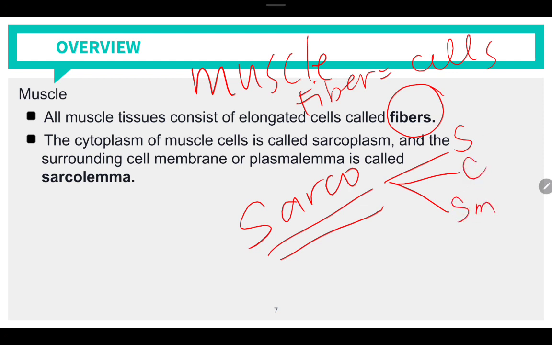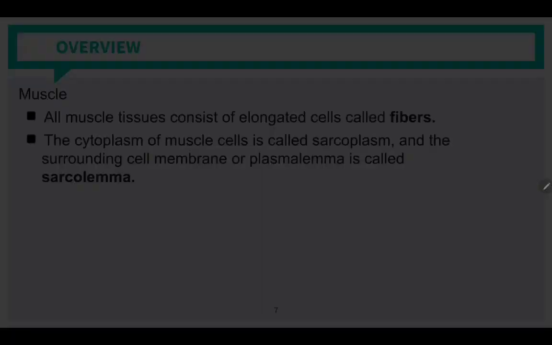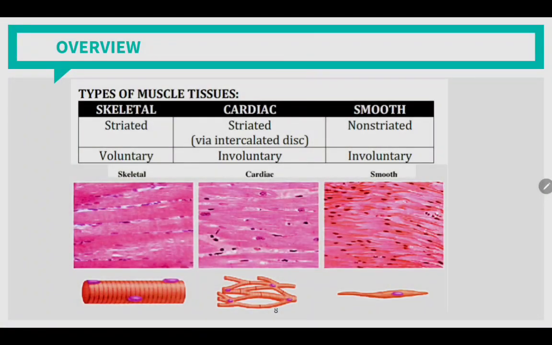Let's move on to the next slide and check the types of muscle tissue. We have three types: the skeletal, the cardiac, and the smooth. Skeletal muscle is a striated type of muscle because you can clearly see the striation.